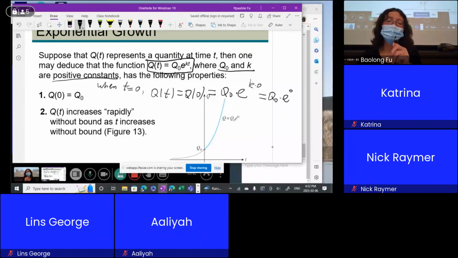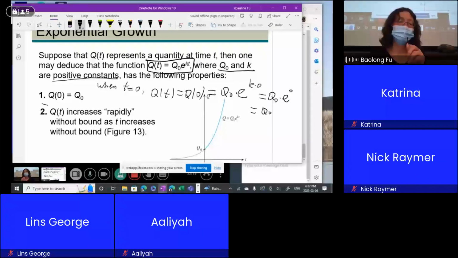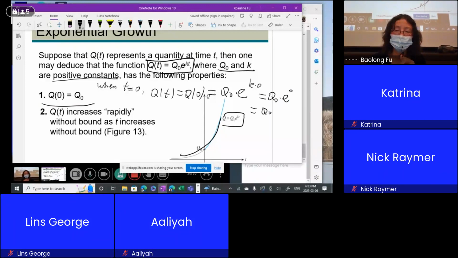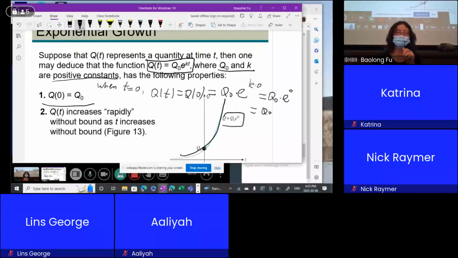Okay, e raised to power 0 is 1, so it is just Q0. Q0 equal to Q0. And the graph for this function is like this. This function intersects the Q axis at Q0. So this point is Q0. It is rapidly increasing.